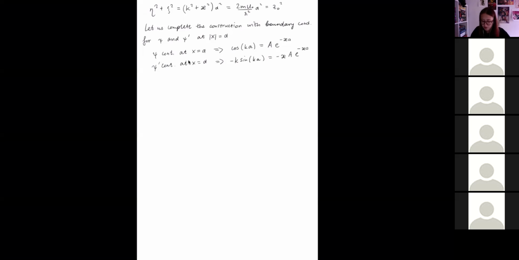Okay, and here we can already see that to determine the connection between, for example, kappa and k, we don't even need the constant A, because it will just go away. We can just divide the first equation by the second equation.